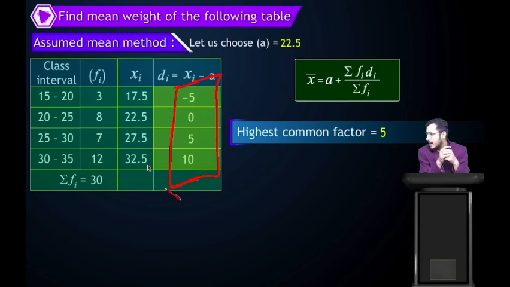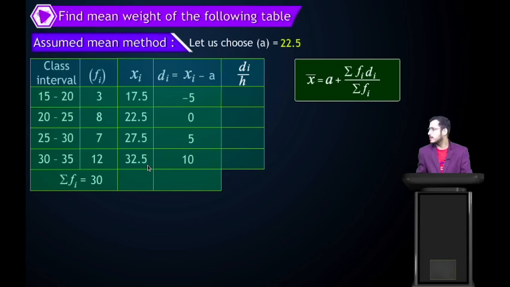You can see here the highest common factor of this column is 5. So can we divide by 5 here? So di divided by h here. h means the class interval, the class size, 20 minus 15. So here we divide by the class size.